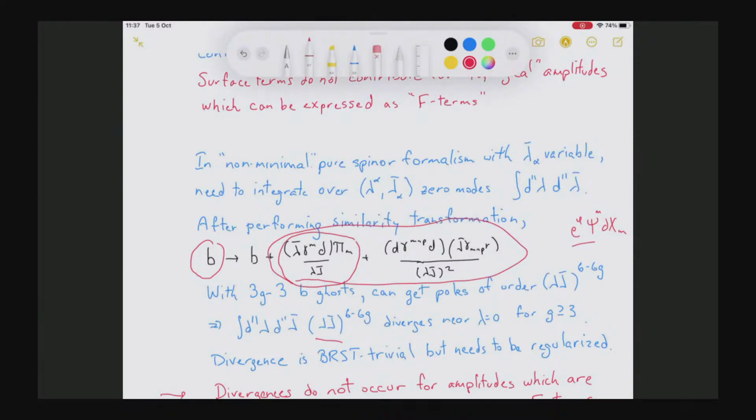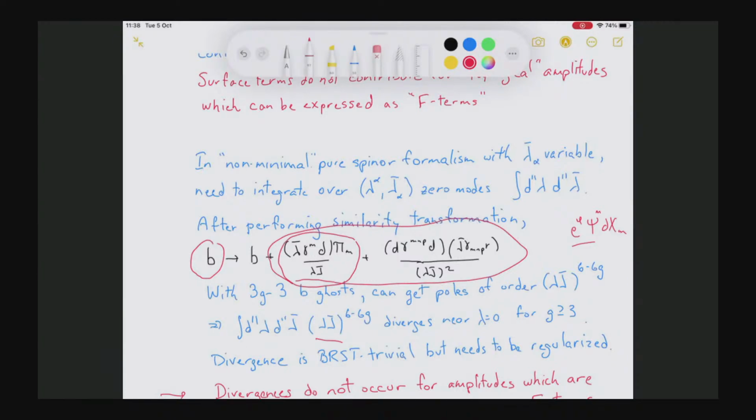String field theory in the pure spinor formalism has some difficulties, mainly because of the pure spinors. It's not difficult to describe the classical string field theory action, which Martin spoke a little bit about. So you can write down an action of something like phi Q phi plus phi cubed using the pure spinor field.